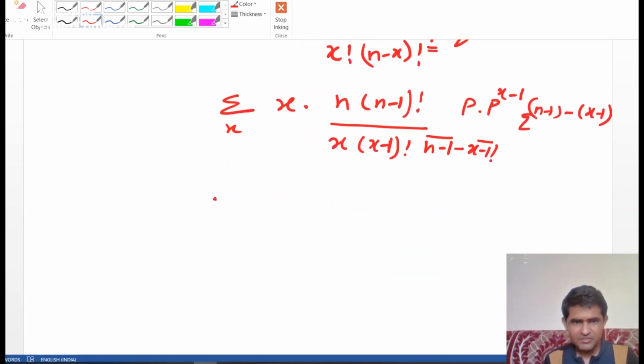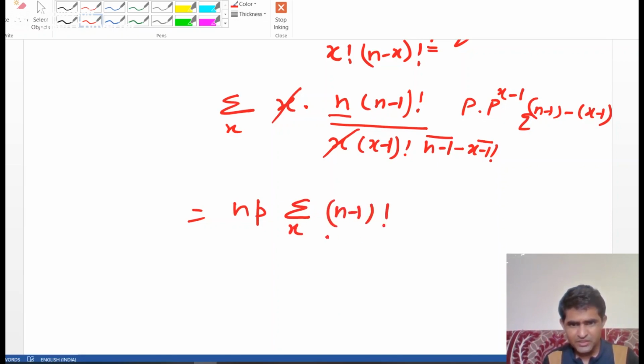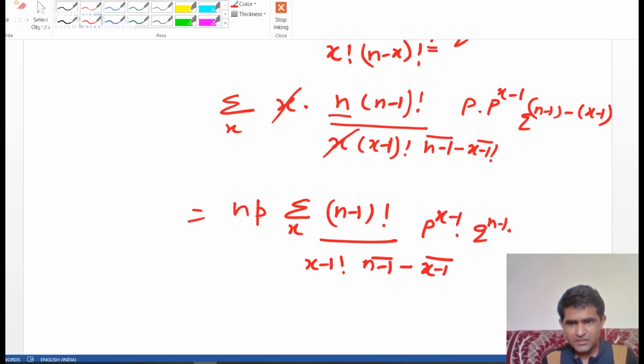For your confirmation, we can also cancel out the x in the factorial and take n into p outside the summation. We have n minus 1 factorial divided by x minus 1 factorial, n minus 1 minus x minus 1 factorial, p to the power x minus 1, q to the power n minus 1 minus x minus 1.